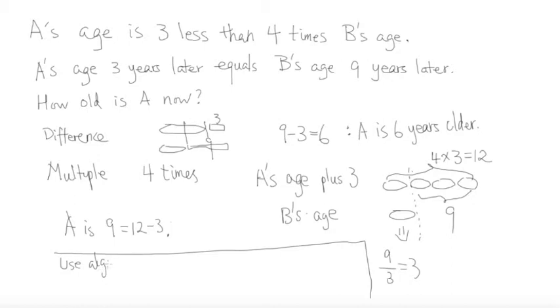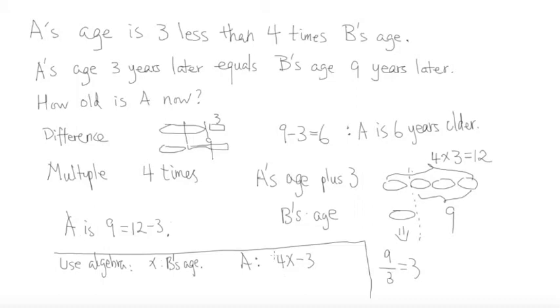You just use x. So x will be B's age. And then A's age will be 3 less than 4 times B's age. So 4 times B's age is 4x, and 3 less will be 4x minus 3.